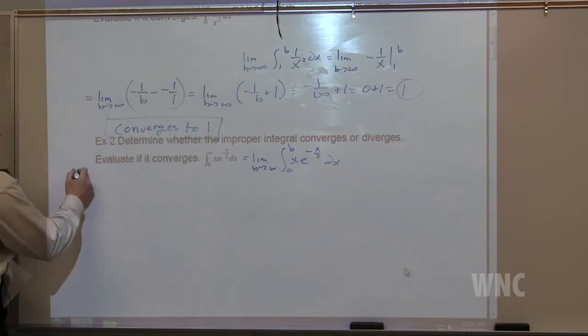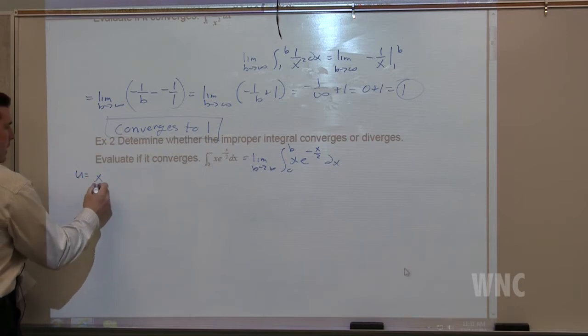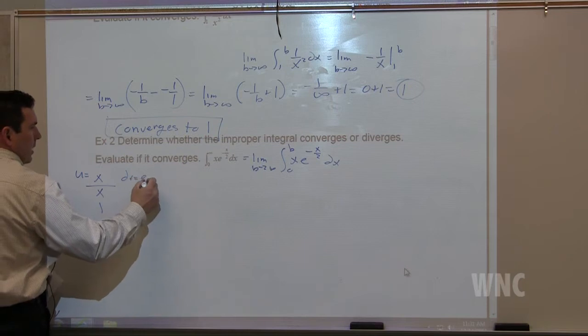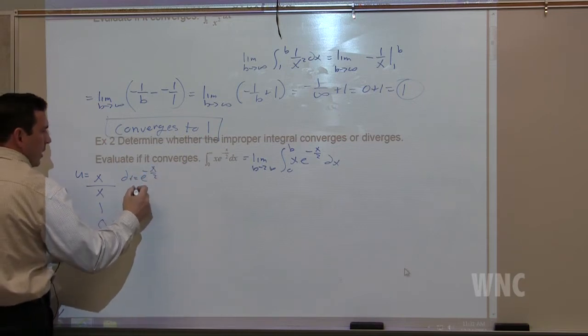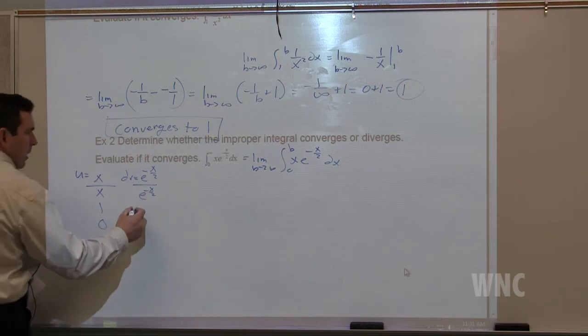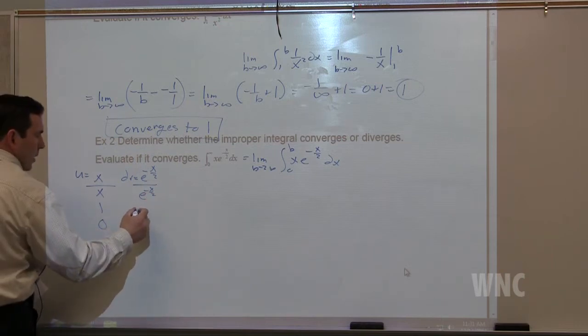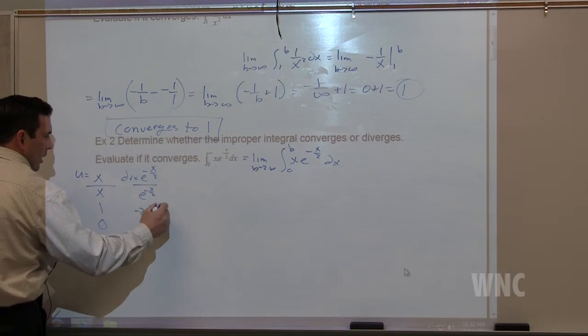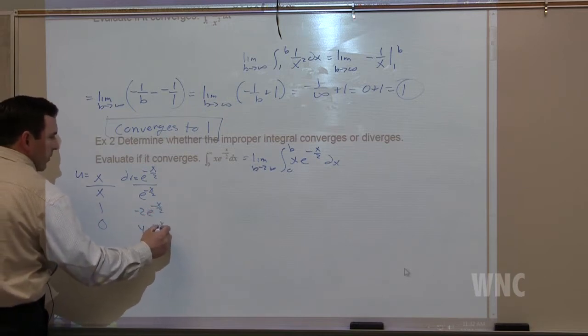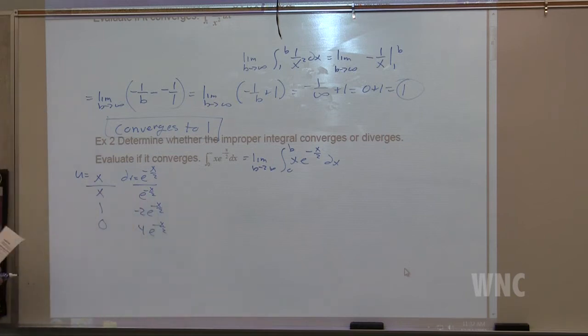We'll say u equals x, and its derivatives are x, 1, and 0. Our dv equals e to the negative x over 2, so we're integrating these: e to the negative x over 2, then negative 2e to the negative x over 2, and then 4e to the negative x over 2. I'm doing the antiderivative every time.